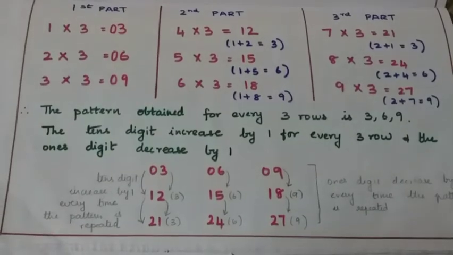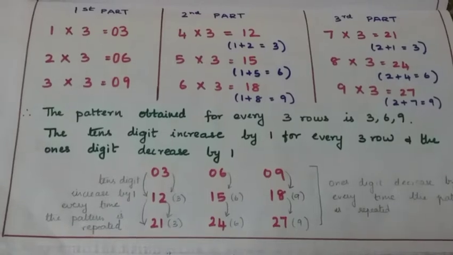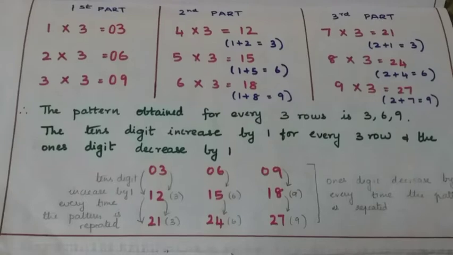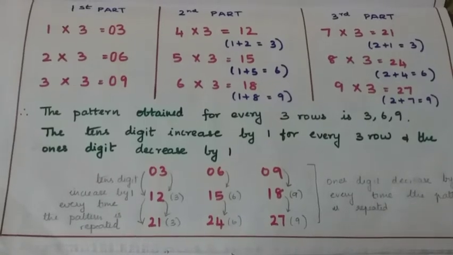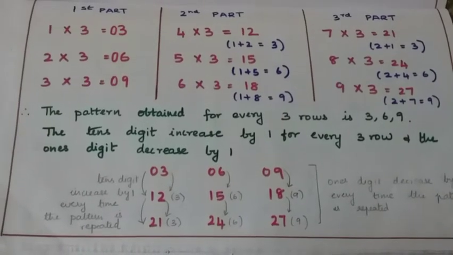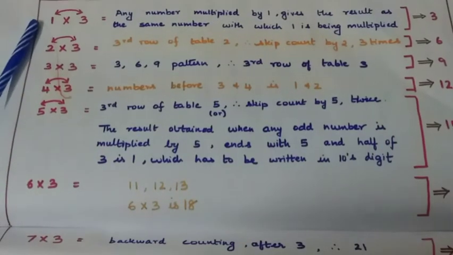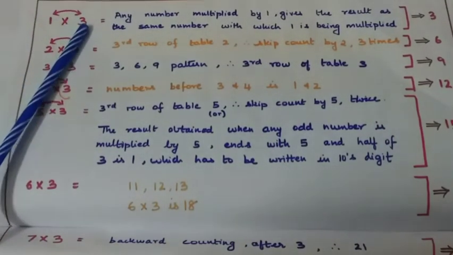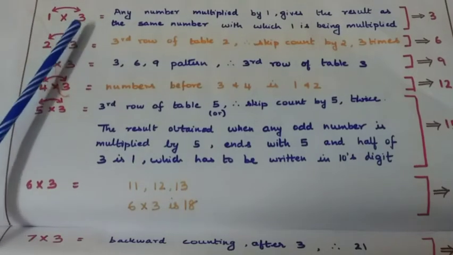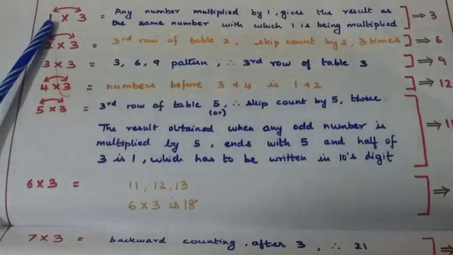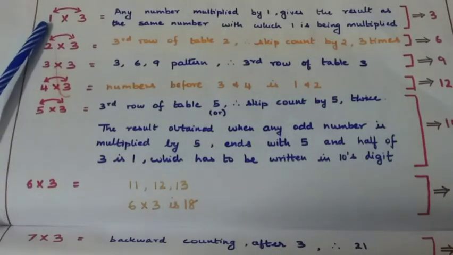Now, having explained all the patterns obtained in table 3 and how the ones and the tens digit gets decreased by 1 every time the pattern gets repeated, it's time for us to make it easy for the kids to memorize table 3. Now let's take the first row where 1 is being multiplied by 3. We have already introduced this concept to kids where 1 into 3 is the same as 3 into 1.